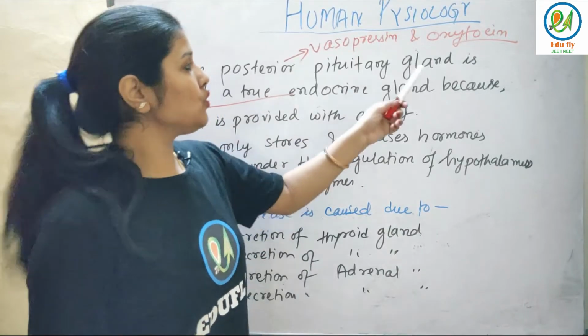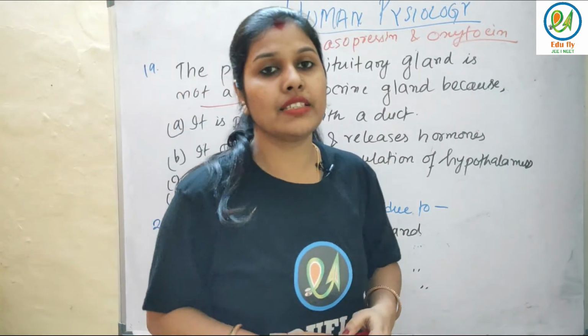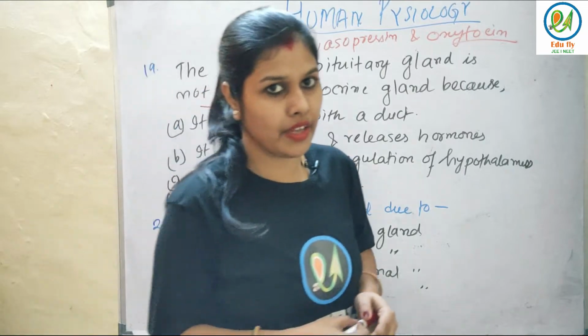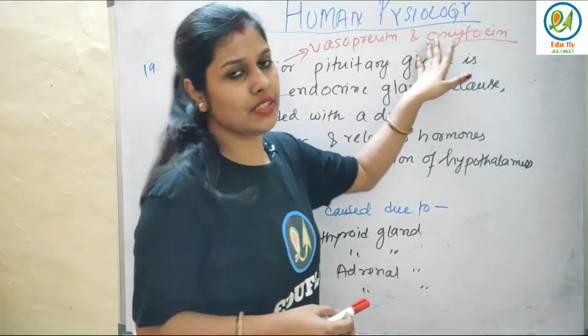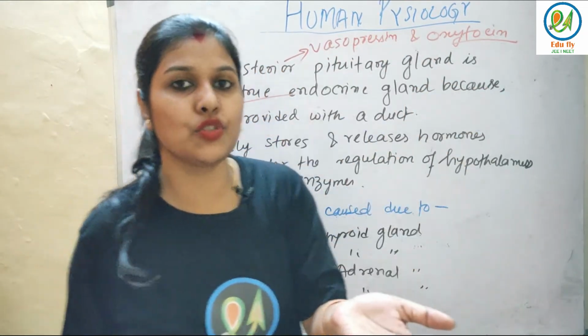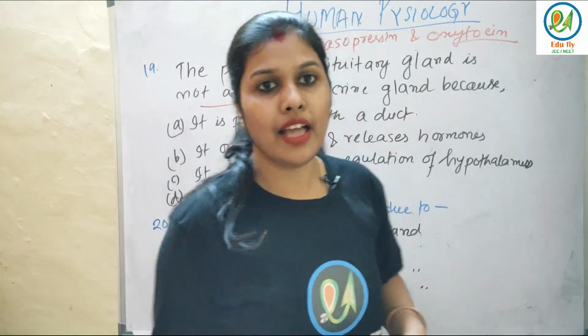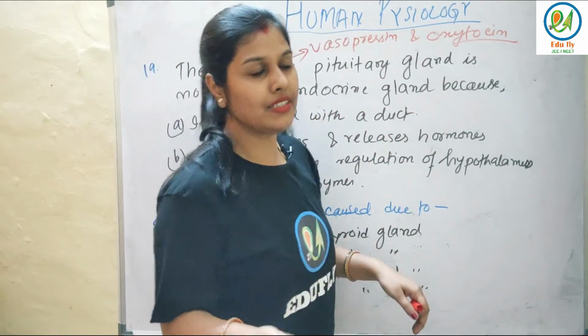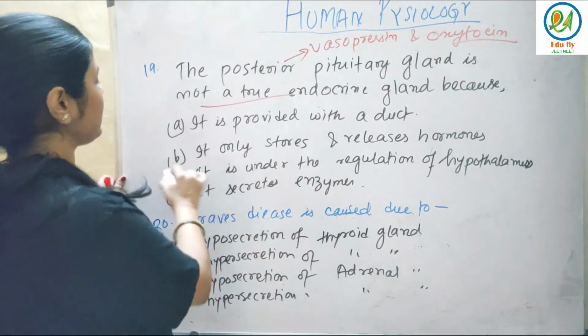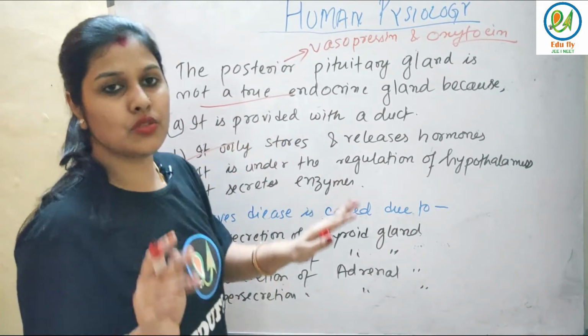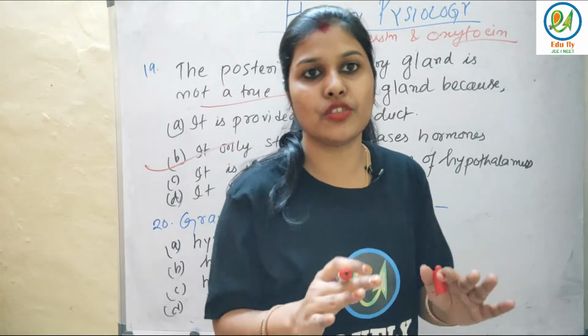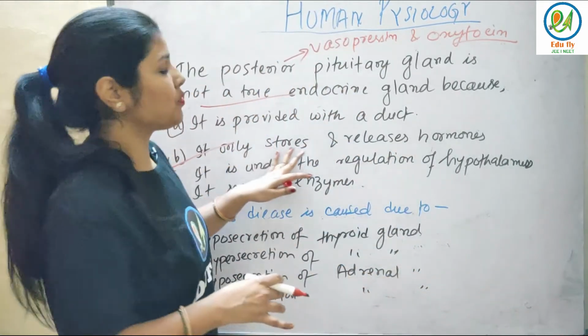These 2 hormones are actually synthesized by the hypothalamus, and then they reach the posterior pituitary gland through the hypophyseal portal system. So the option is that it only stores and releases hormones. The work is over. So the option is 2.